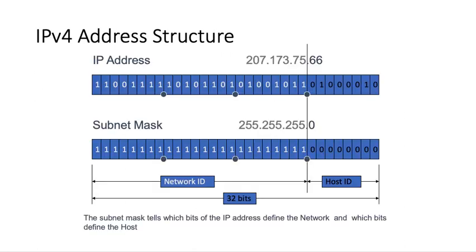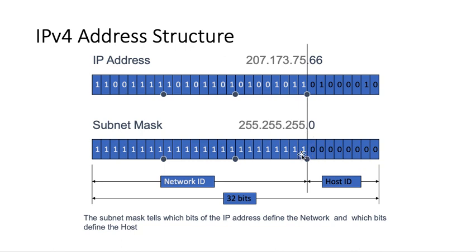Okay, and here is how you can think about a subnet mask, or any IP address that's representative of both the original address and the subnet mask. At the top we have an address represented both in decimal form and in binary, and on the lower row we have this particular subnet mask represented in binary.